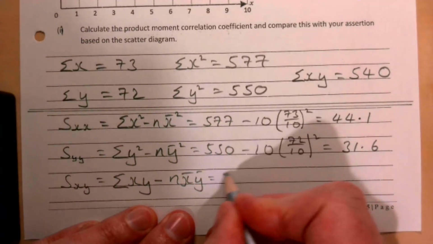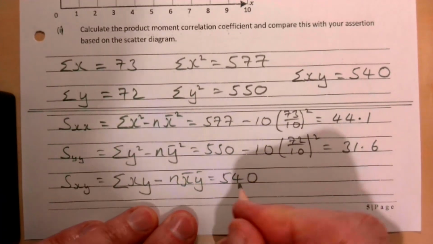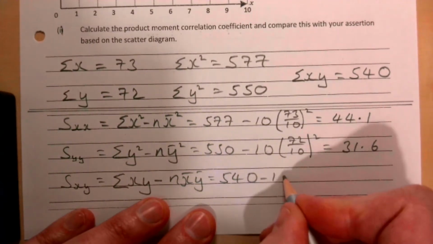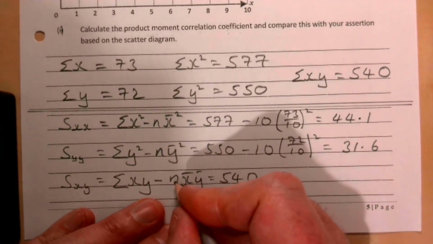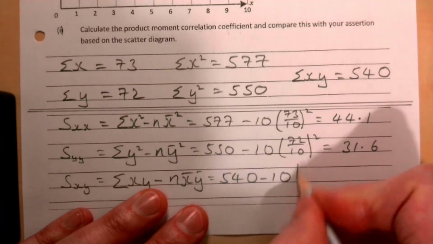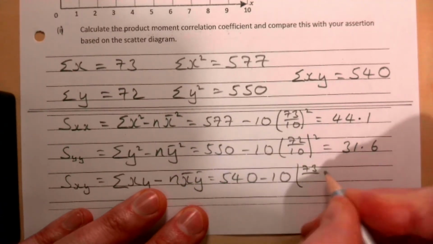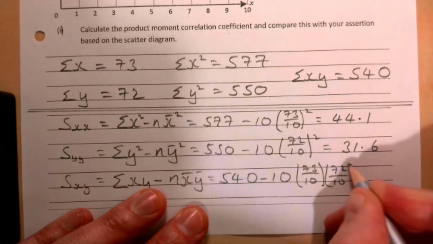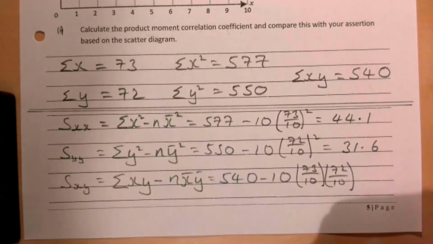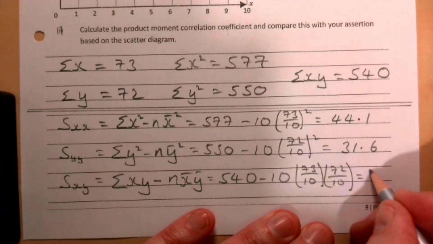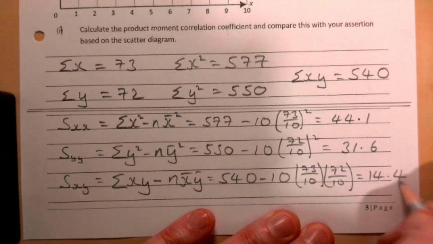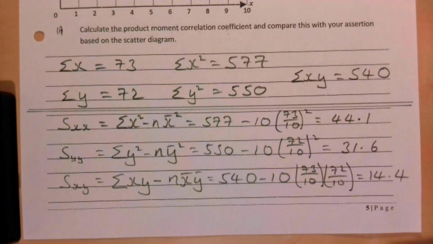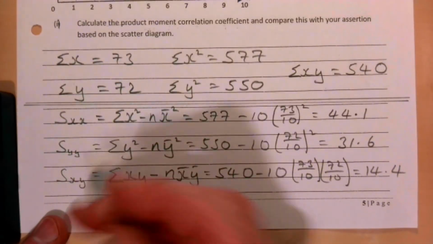That gives us 540. Take away 10, which is our n, and then we have 73 over 10 multiplied by 72 over 10. Put that in your calculator and you get 14.4. We have these 3 pieces of information now, and we can go ahead and use our formula.